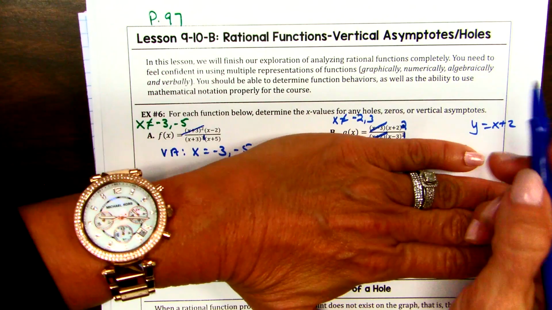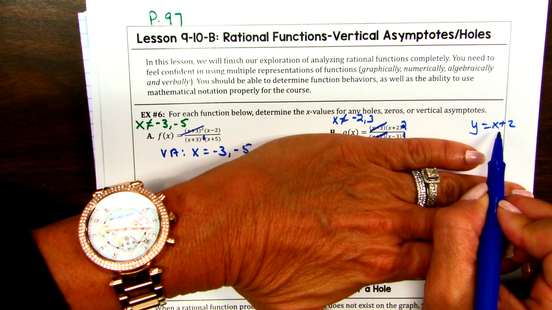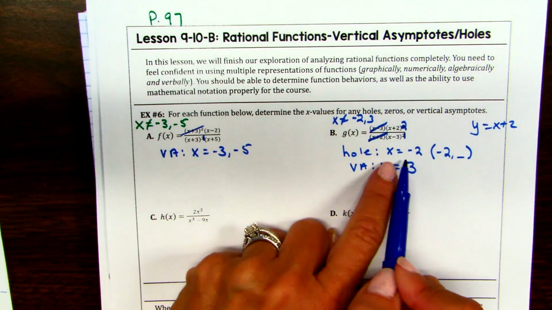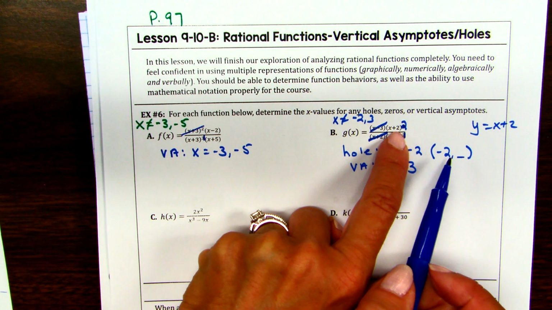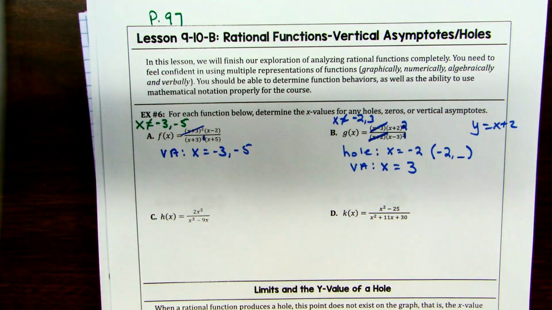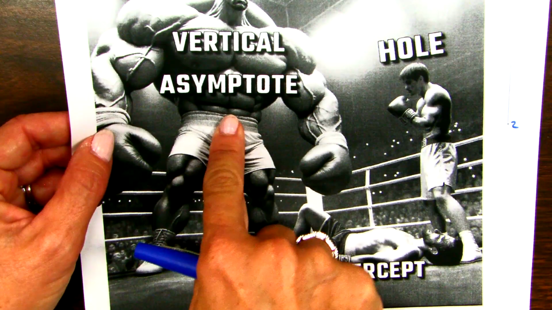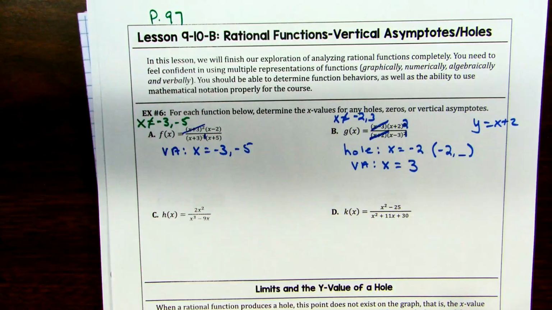You would say, oh, there's an x-intercept at negative 2. But you can't be an x-intercept and a hole. You can't be both. That number is already a hole. That's how the hole beats the x-intercept, okay? So vertical asymptote always beats a hole, and a hole always beats an x-intercept, okay?